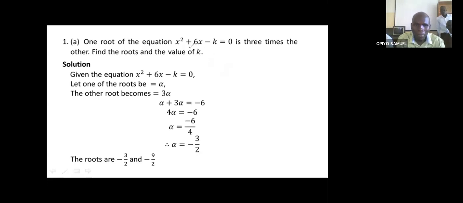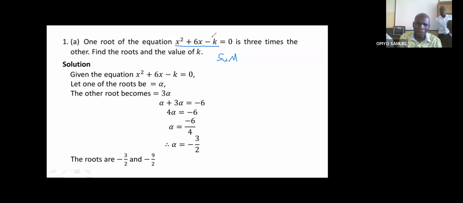First of all, from this equation, we have what we call the sum of roots and the product of roots. The sum of roots is the negative of the coefficient of x, meanwhile the product of roots is the constant.